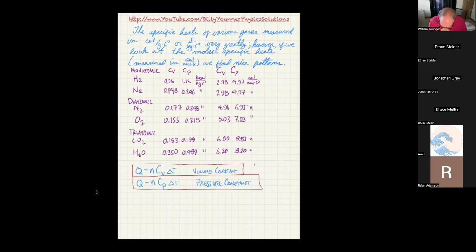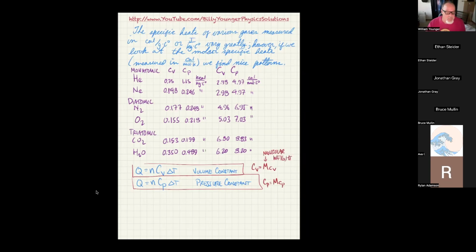We can actually see that, for instance, CV is actually just the molecular weight of the substance times lowercase cv, and CP is actually the molecular weight times lowercase cp. So if you want to figure out how to get the molar one, you just have to multiply it by the molecular weight, which you get from the periodic table.